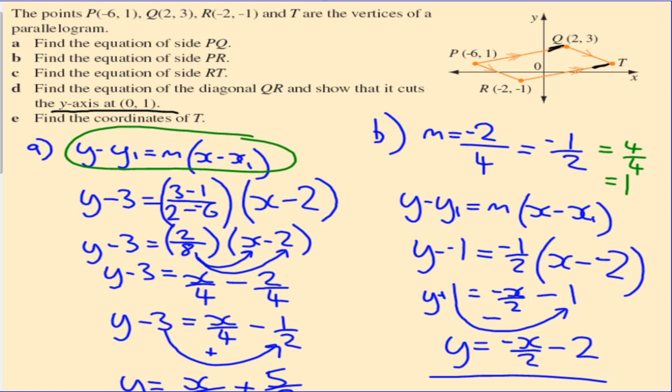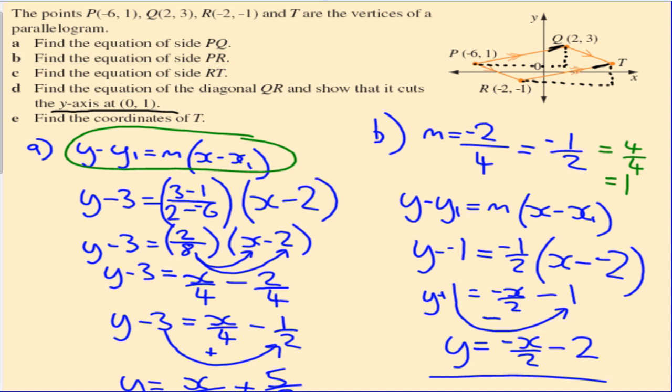So what I'm going to do is I'm going to work out the gradient of our line P to Q, which was from our original question in part A, 1 over 4, or 2 over 8 more specifically. And I'm going to apply that to our point R and T. Because they're parallel, they should come out at exactly the same place.